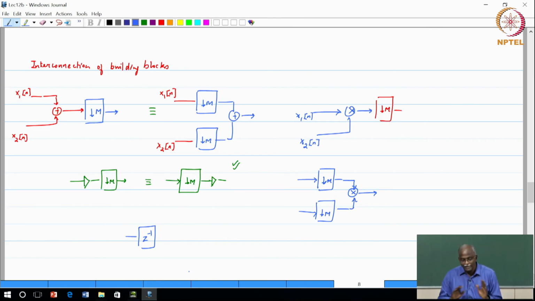So, when delay comes into the picture, we have to be very careful. We are going to develop some interesting and important results pertaining to the use of delays in combination with upsampling and downsampling, which we will develop next.